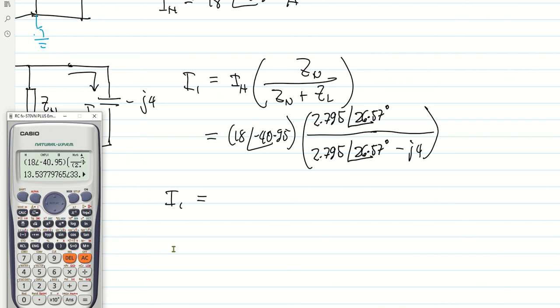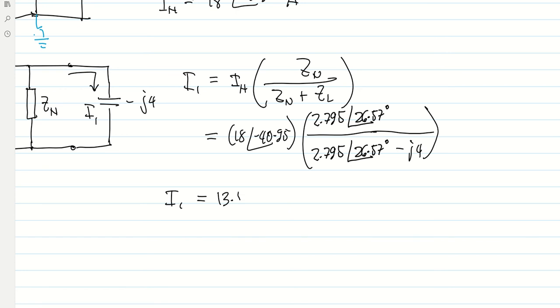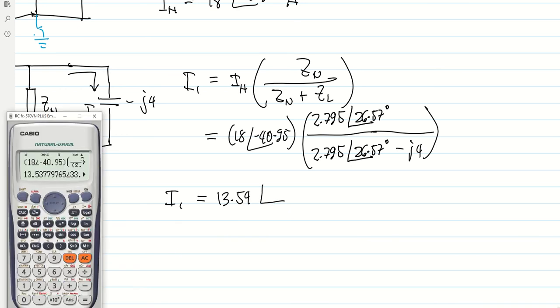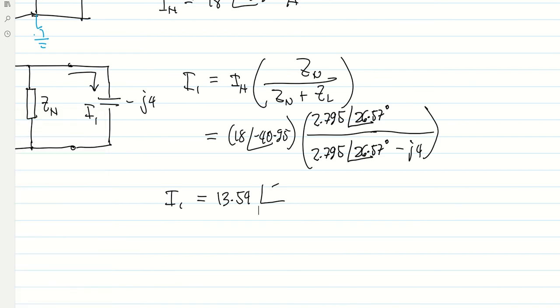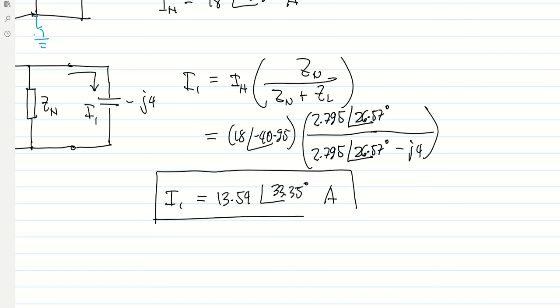And this will be our answer, 13.54 with an angle of 33.35 degrees amp. So the current that passes through Z1 or negative J4 is 13.54 angle 33.35.